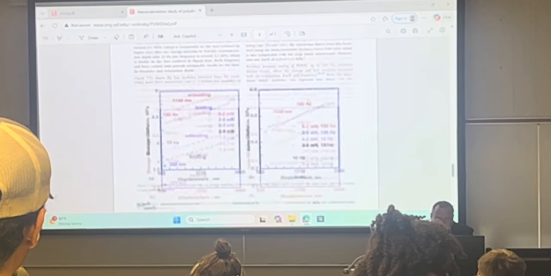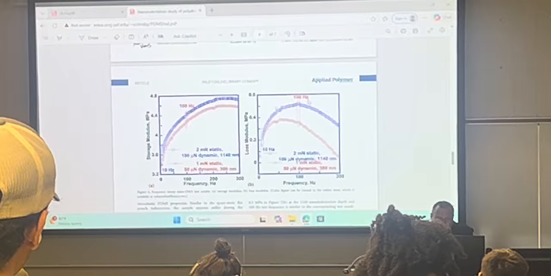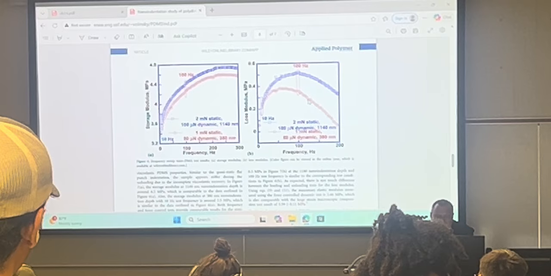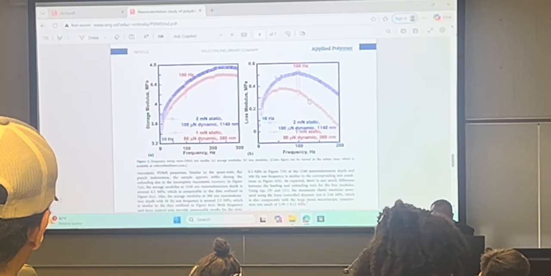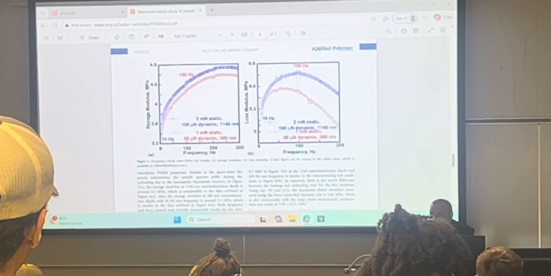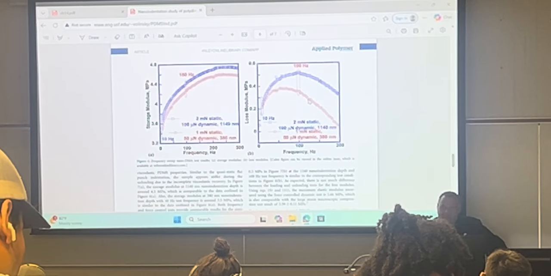And for polymers, there are two types of parameters, the storage modulus and the loss modulus. One part is related to the spring, and the other one is related to the dashpot.